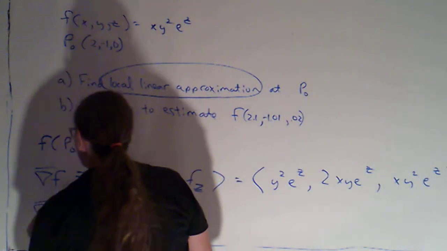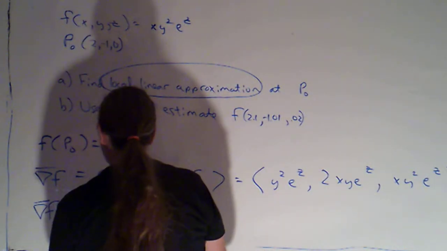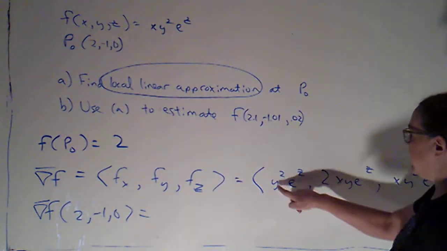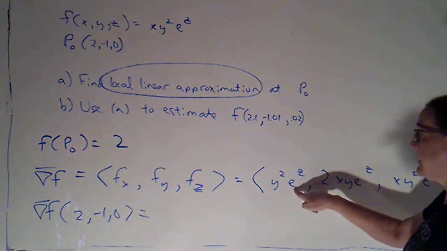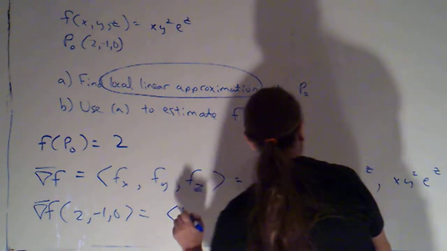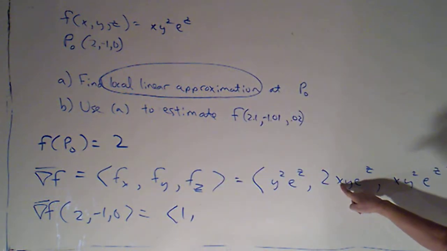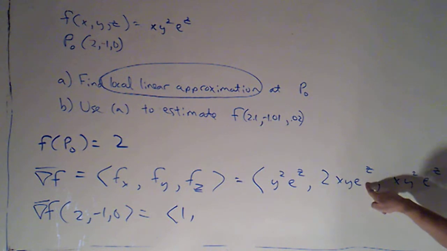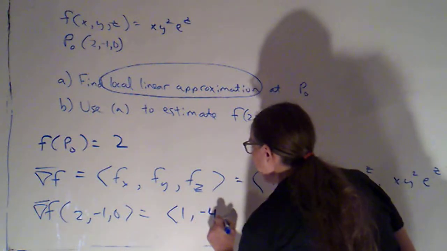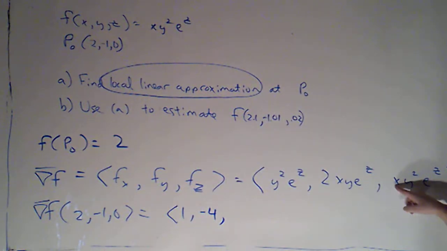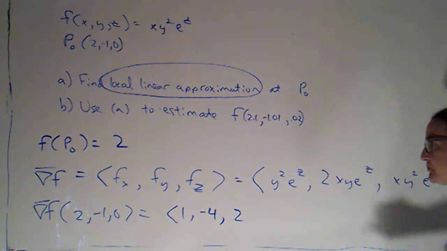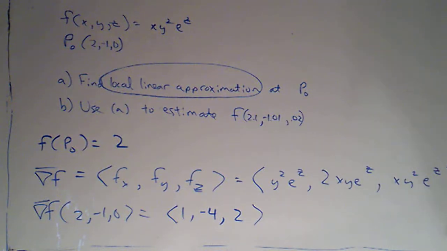So if I take a look at the gradient of f at (2, -1, 0). Let's see. Negative 1 squared is 1. E to the 0 is 1, so we're getting a 1. 2 times 2 times negative 1, we've got a negative 4. Times e to the 0 is 1, so negative 4. And then xy squared e to the z, we'd already calculated. That was actually just 2. Okay.